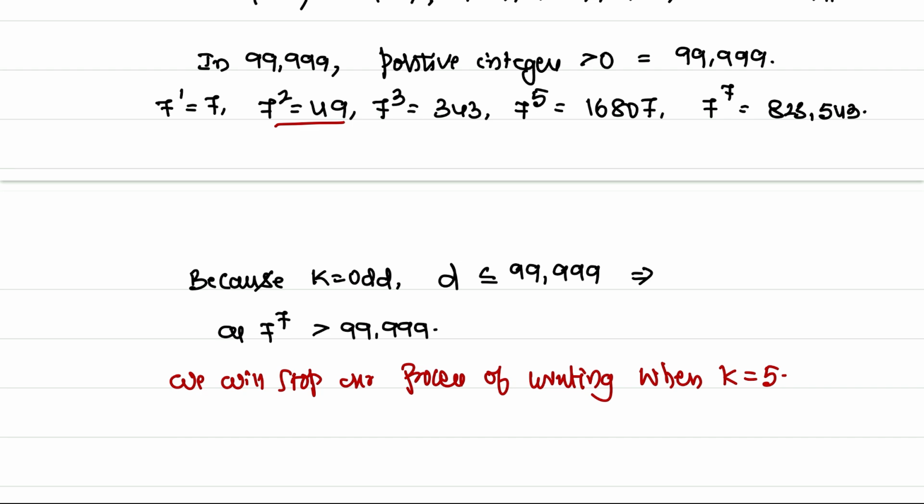We have to find out the integers less than that. Hence, 7 to the power of 7 is discarded, up to k is equal to 5.